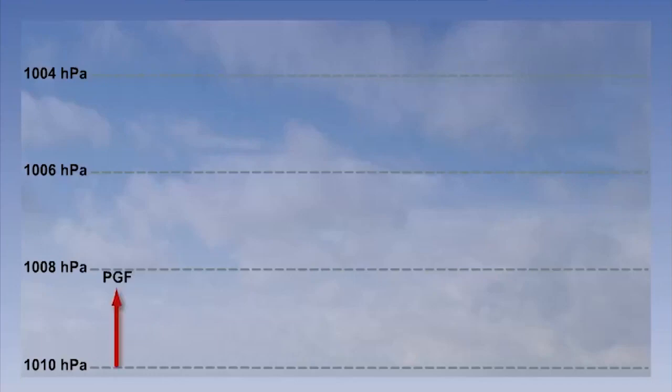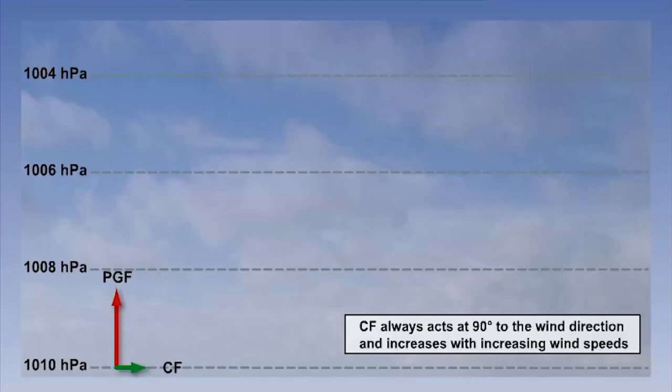What is immediately apparent is the pull by the pressure gradient force on air, moving it towards the low. However, as the air starts to move, the Coriolis force kicks in. Remember, this acts at 90 degrees to the wind direction. Notice, though, that initially the Coriolis force is not very strong, because the wind is only just starting to be accelerated.